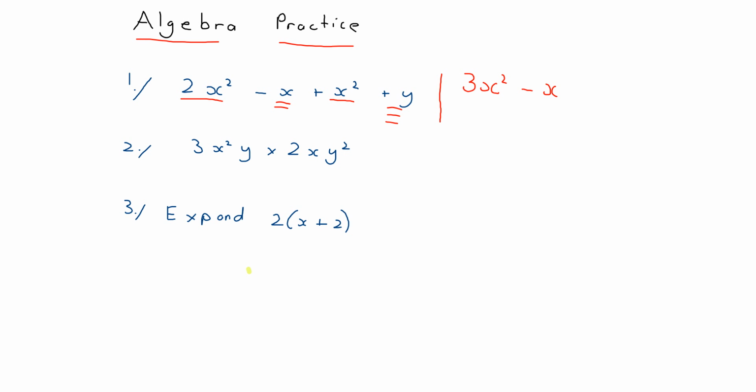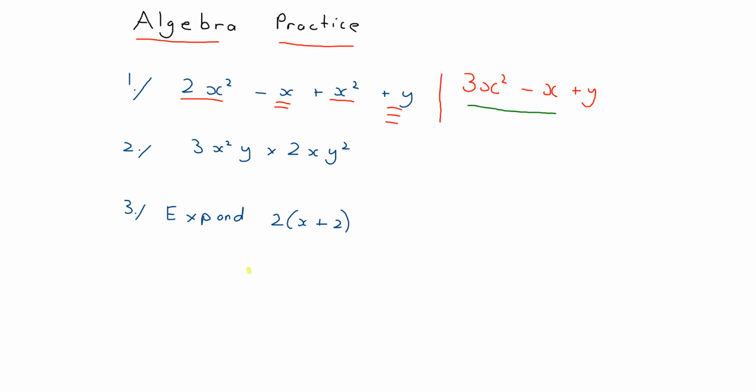So the big thing to notice here though, guys, is that we can't combine the 3x squared and the x, okay? Unless they've got the exact same powers, we can't keep track of them together because x squared and x are different numbers, okay? We can't count them together because x squared is probably bigger than x, might be smaller if x is a number less than 1.